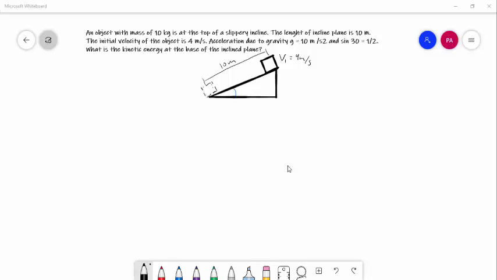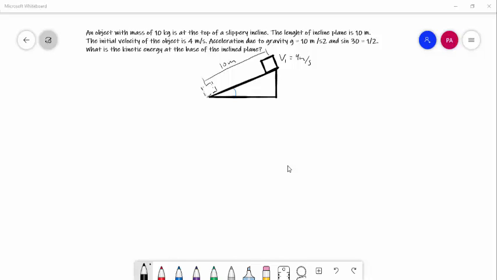Hello, in this video, I will explain how to solve a question like this one. The question is, what is the kinetic energy at the base of the inclined plane? We already know the initial velocity at the top of the slippery incline.